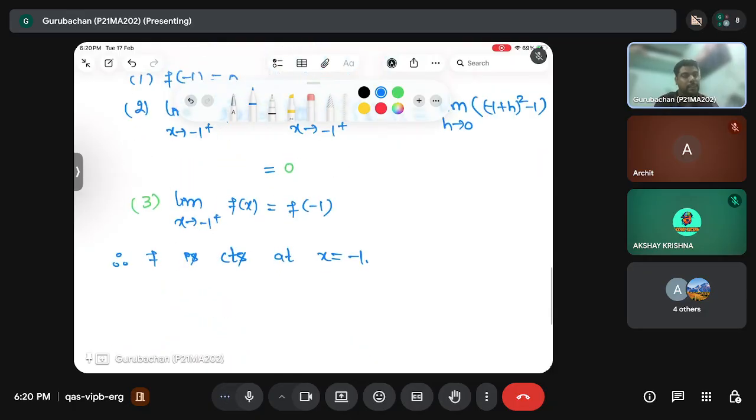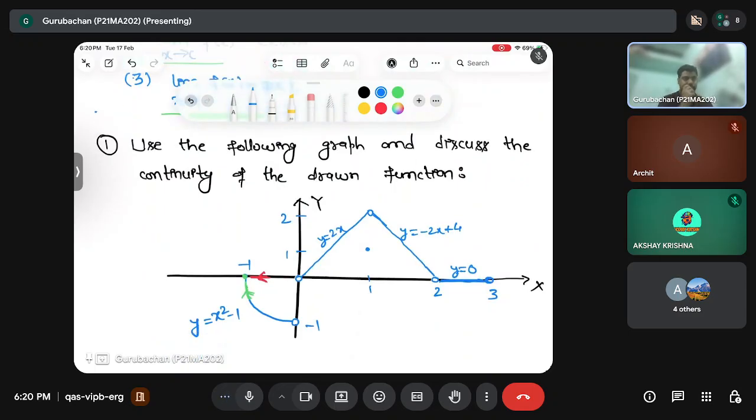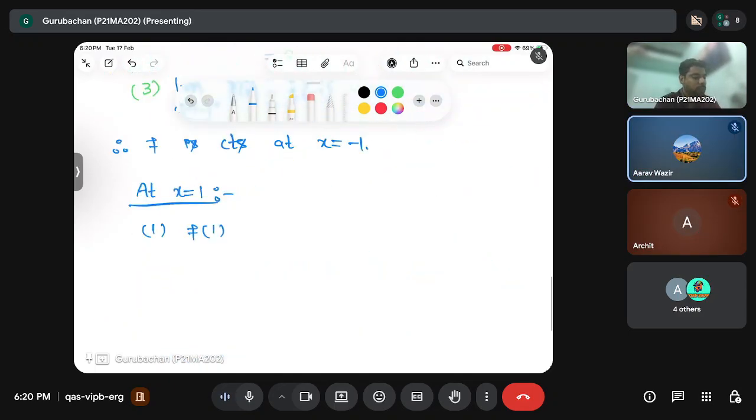Now let us discuss the last, at x equal to 1. So first of all, what is f of 1? From the graph tell me. 1. f of 1 is 1.